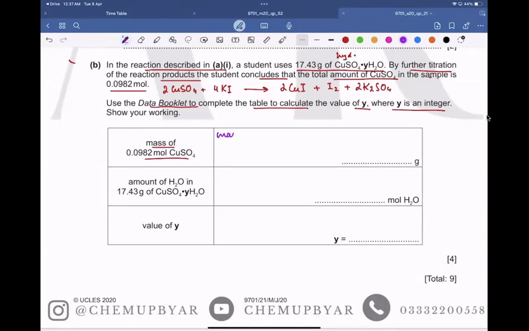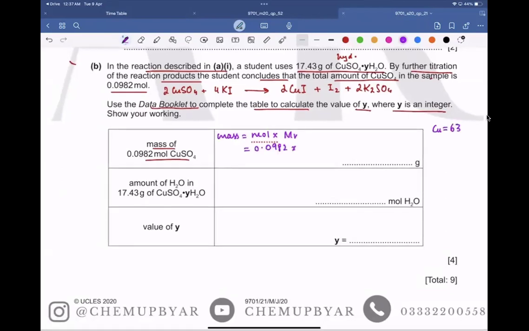So can anyone tell me from the periodic table, I recall the Ar of copper is 63.5, sulfur is 32.1, and oxygen is 16. So for oxygen, we have to times it by 4.